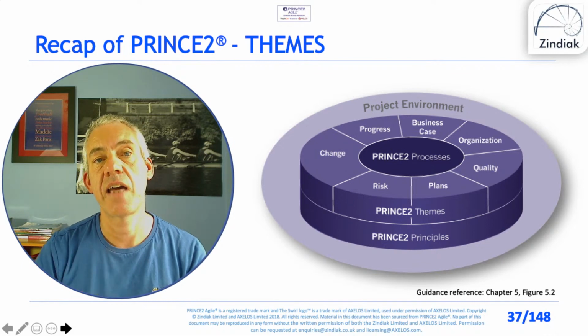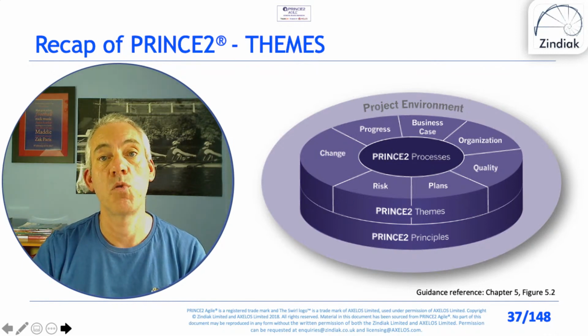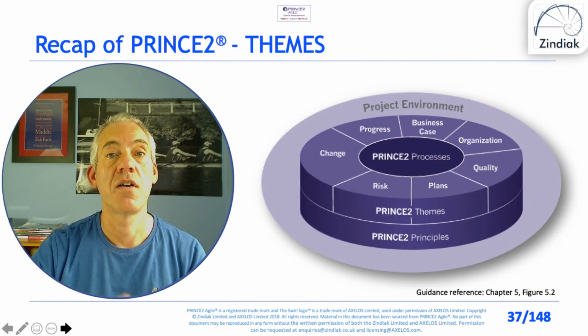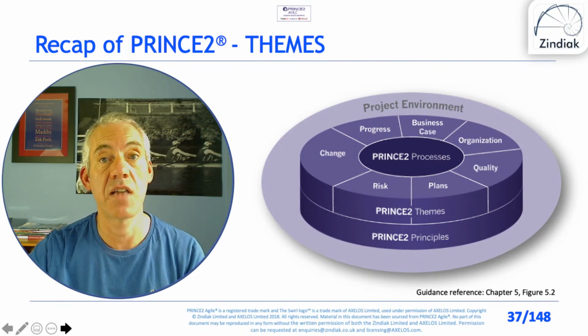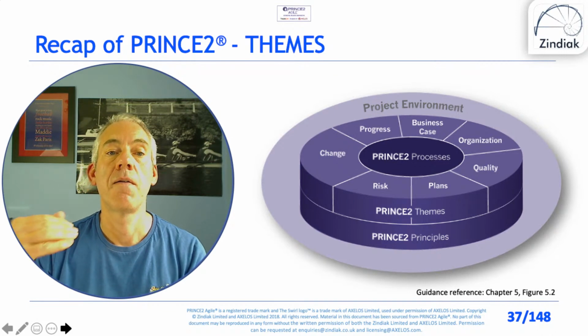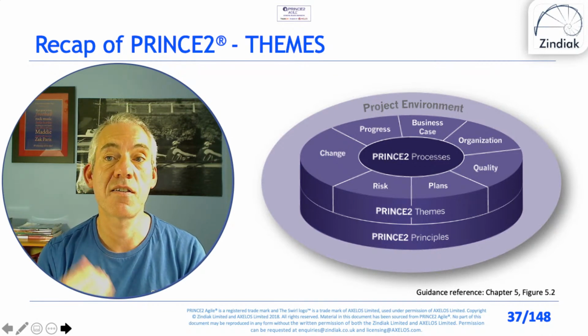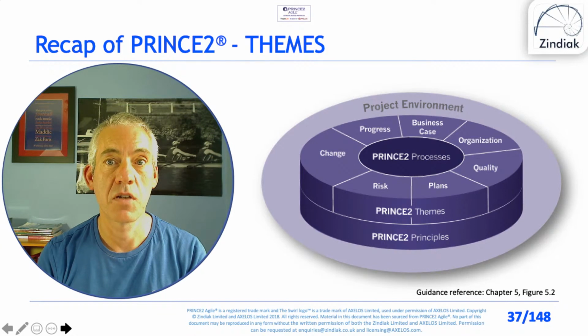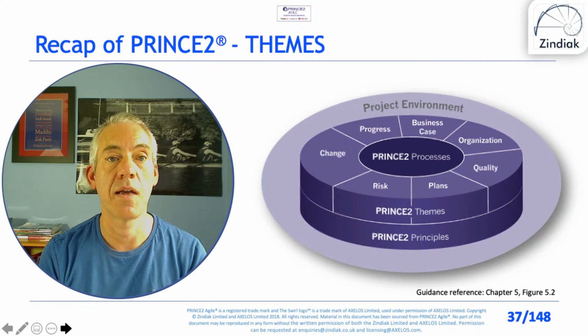And it is the stage plan that the project board signs off and gives authority to the project manager to deliver the stage plan. So the principle managed by stages, the project board manages by stages by giving the project manager authority to deliver the stage plan. Delivery team plans are optional in PRINCE2.